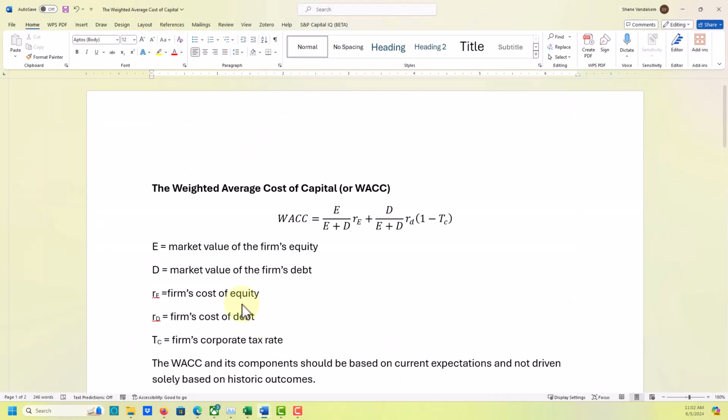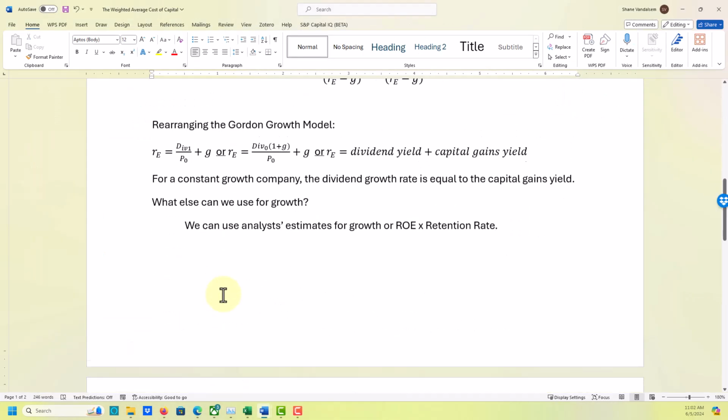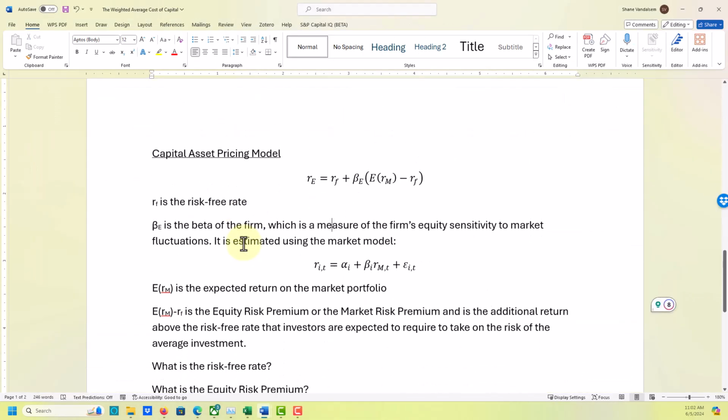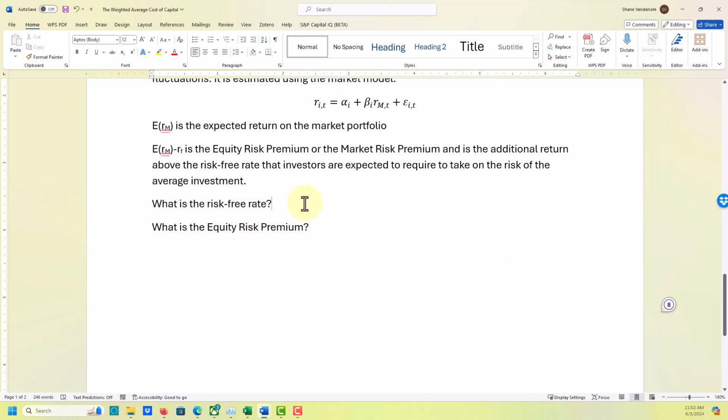Let's go back out here. So, what is the risk-free rate? So we're using the yield on the 10-year U.S. Treasury.